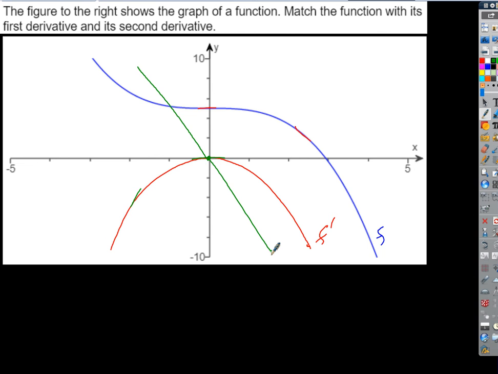So before we go away from this, can we make the connection? Can we just skip the middleman? Can we skip the red graph and go right from the blue graph to the green graph? So we're jumping right from f to f double prime. Remind me again, it's been a little while.